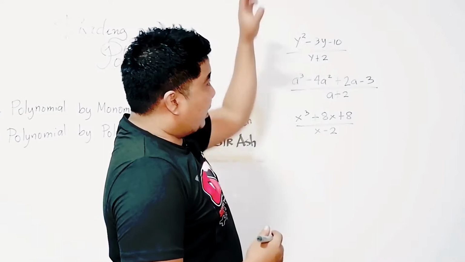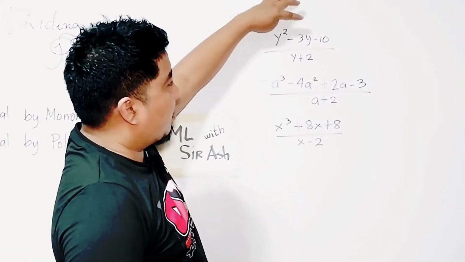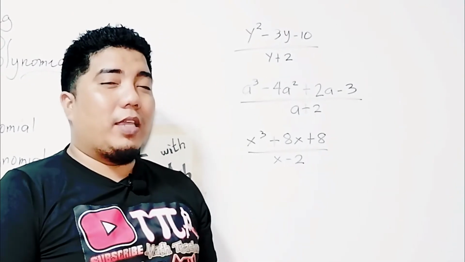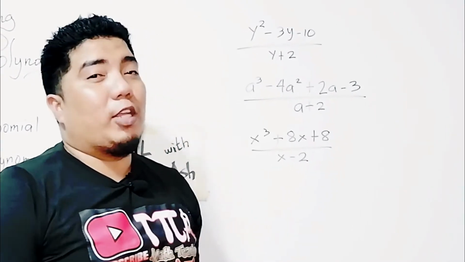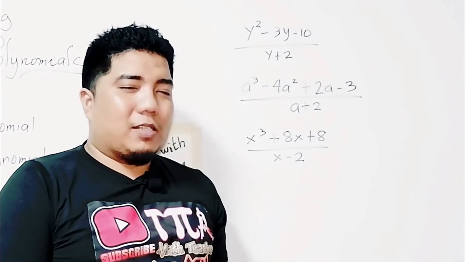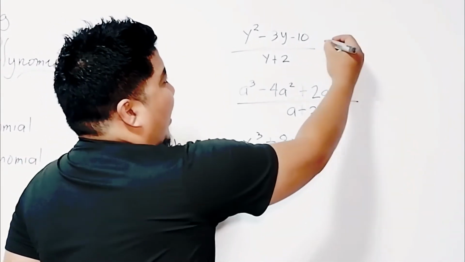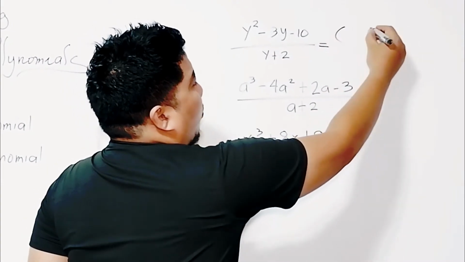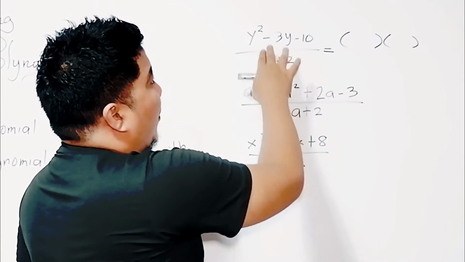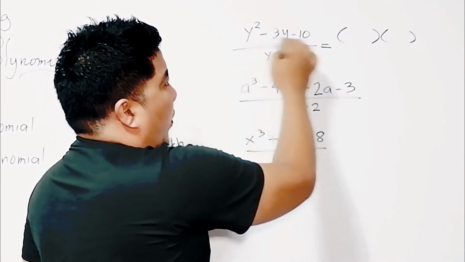Okay, now since this is y squared minus 3y minus 10 over y plus 2, since this is a trinomial, meaning 3 terms, I can factor this. When I factor this, I can use the factors in which I will be making a FOIL method. So, I will factor the first term, that is y squared.